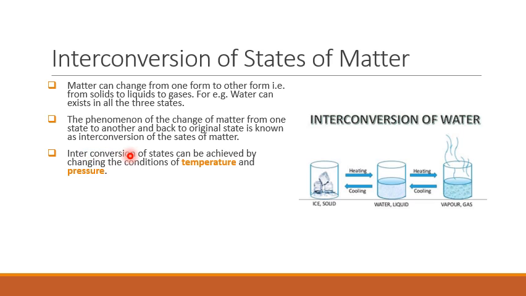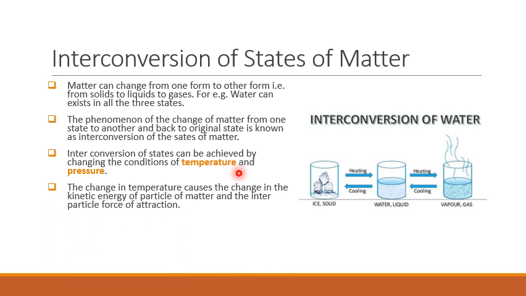The interconversion of states can be achieved by changing the conditions of temperature and pressure. Now let's see how. The change in temperature causes a change in the kinetic energy of particles of matter, and hence the interparticle force of attraction also changes, and this causes the change in state.